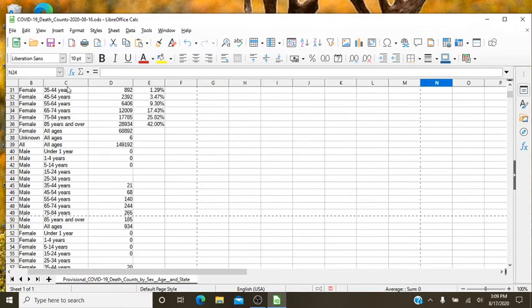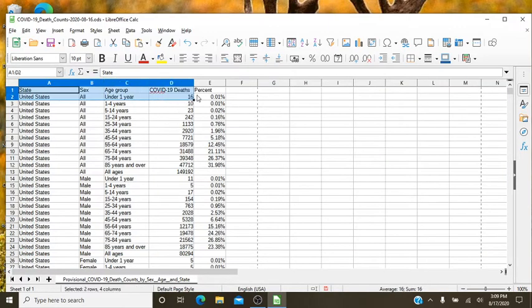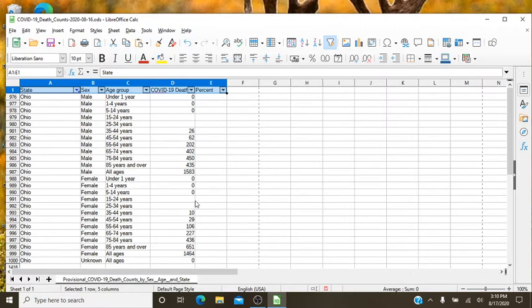Okay, let's do this now. Let's come back up here. Let's create an auto filter. Let's come down, search items, Ohio. Let's take a look at Ohio's numbers here.